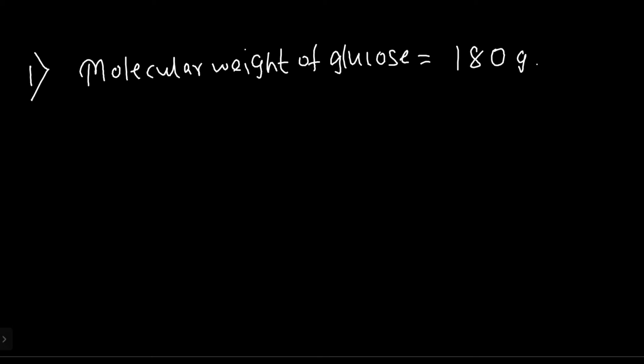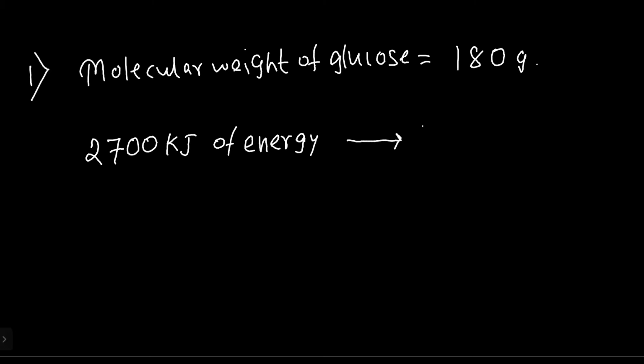That means 2700 kilojoule of energy is required for 180 gram of glucose. So how much glucose is needed for 10,000 kilojoule of energy?